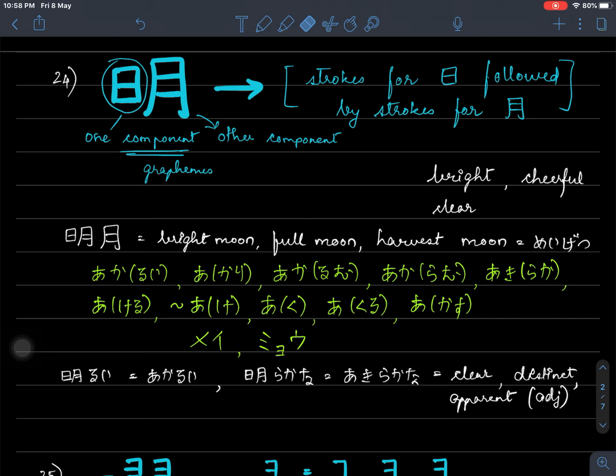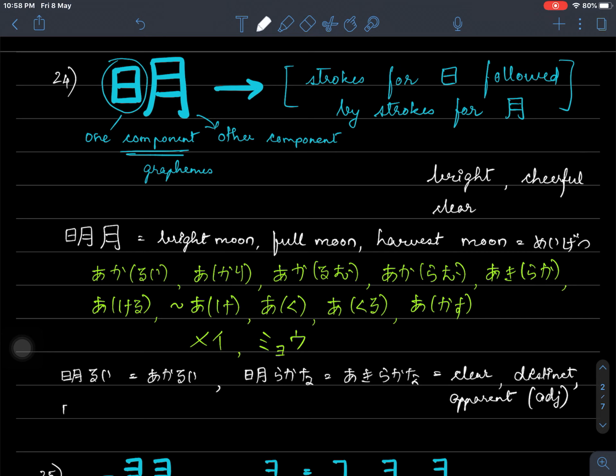Of course, I'm not going to write the meaning, I'm just going to mention it here because it comes up quite a few times in conversation. Akirakani, which means clearly or apparently or distinctly, you know, very similar to the word akirakana.